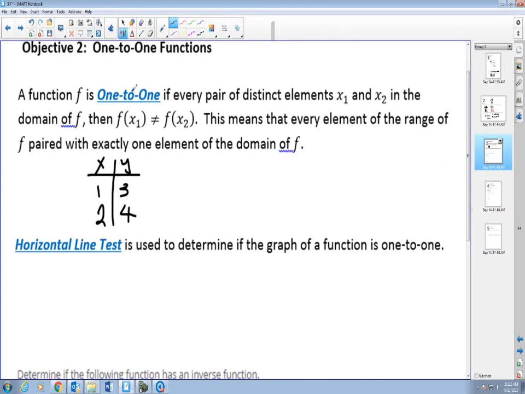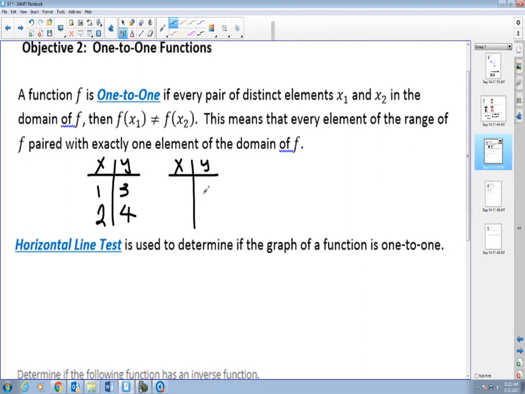In that case, we say the function is one-to-one. Now, for the function to be one-to-one, every element of the range of f pairs with exactly one element of the domain of f.